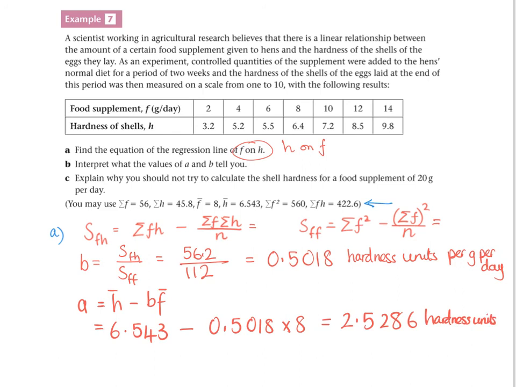So when we work that out, we've got H on F, so H is the subject. H is equal to 2.53 plus 0.502F, and that is our regression line.